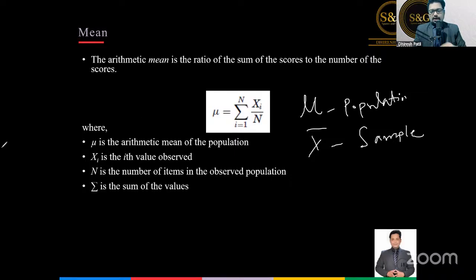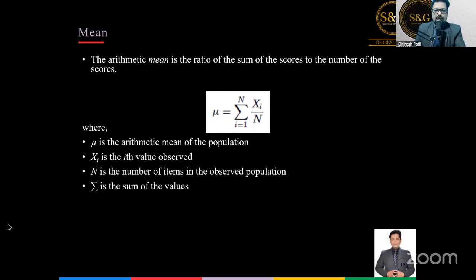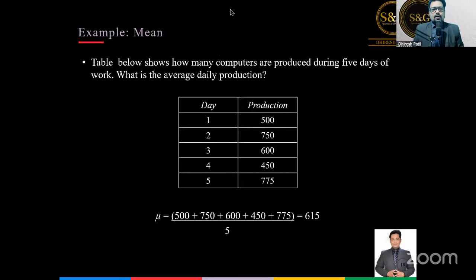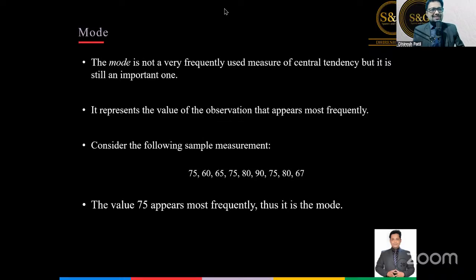Then comes the mode of the data set. What is mode, by the way? Mode is the most frequently occurring value of the data set. Let's say this is the data set. If you observe very closely, 75 is coming 3 times. That's why the mode is 75 in this data set. The software will count which value has the maximum frequency.